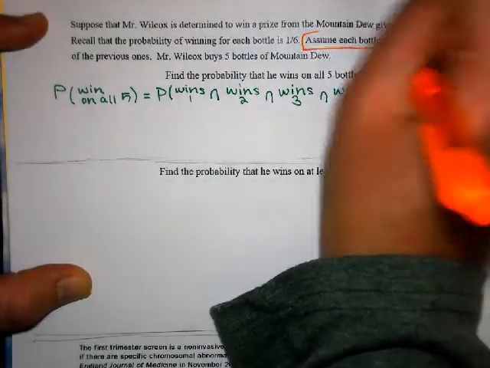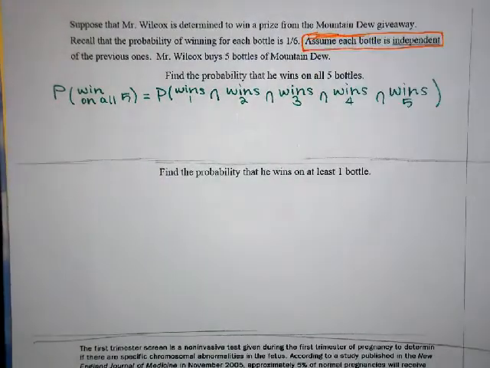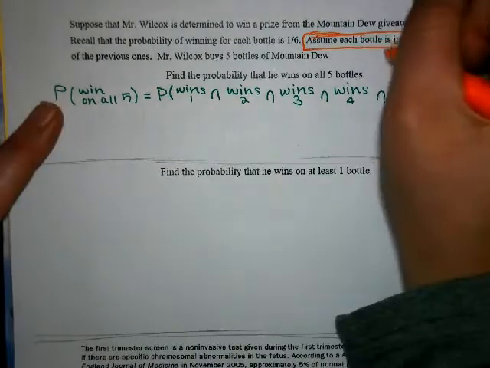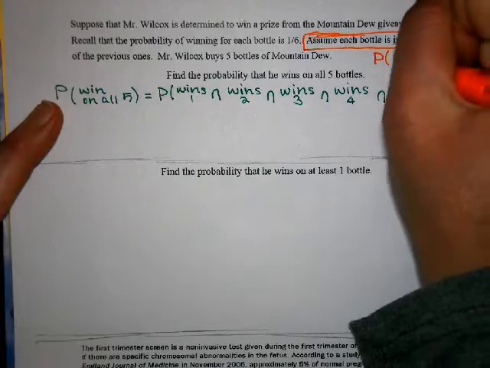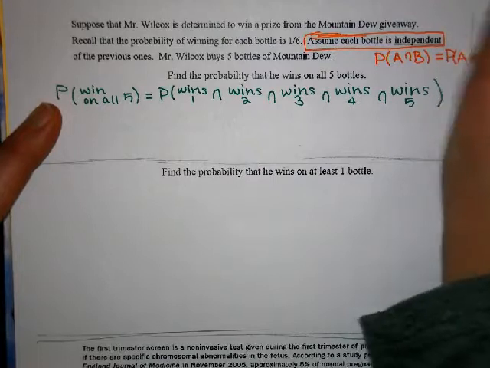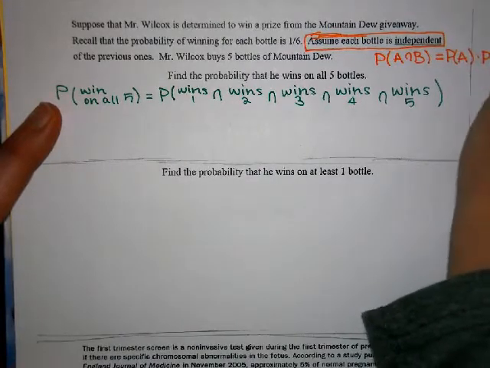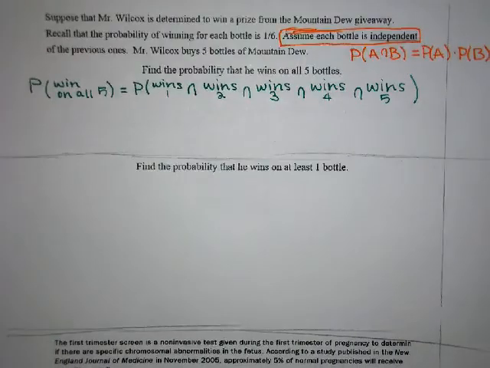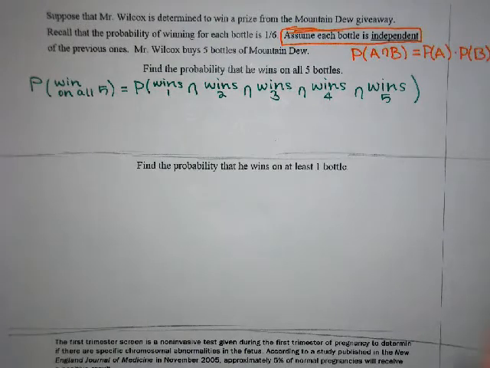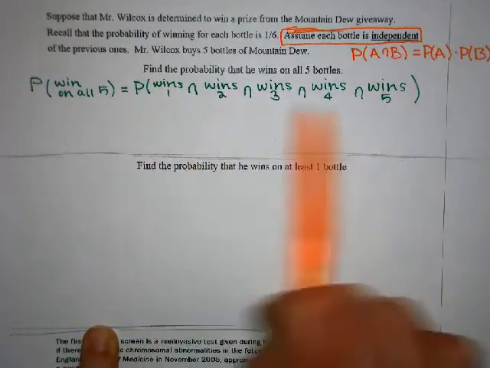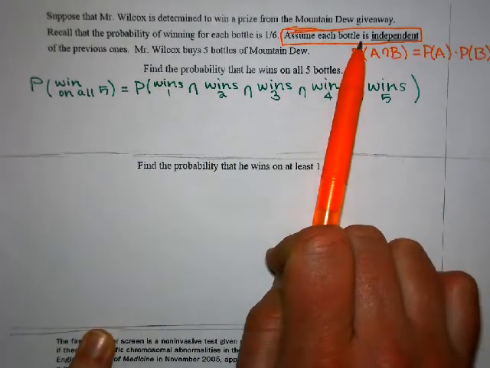Now it tells us that we can assume each bottle is independent. And the other day we learned a rule for independent events. And that rule was that the probability of A and B comes from the probability of A times the probability of B. So we can take that rule for independent events and apply it here because we're told that each bottle is independent.